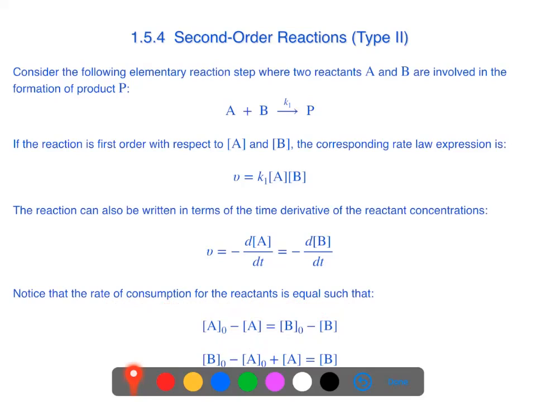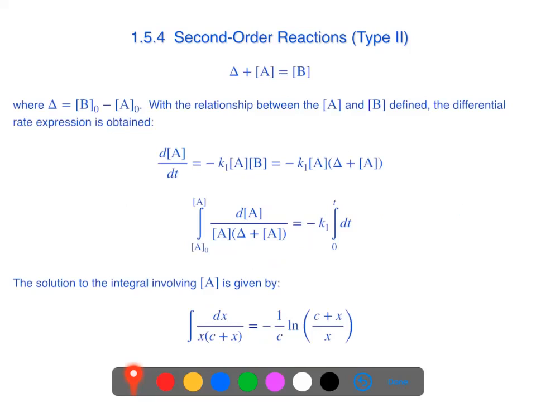And so we can rearrange this expression for the concentration of B. Now, because there are two reactants present, we need to establish a relationship between A and B, meaning we need to know that as A is being consumed, how much of B is being consumed. And in this particular example, it's a 1-to-1 ratio, that as 2 moles of A is being consumed, 2 moles of B would also be consumed.